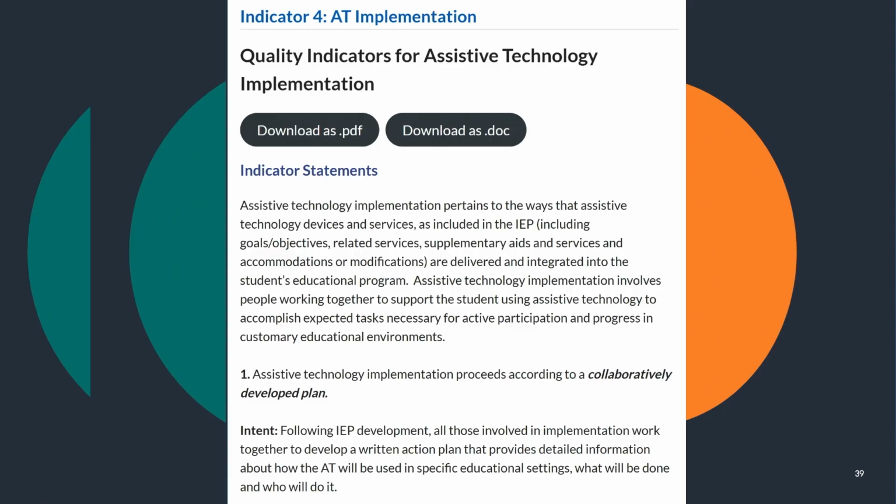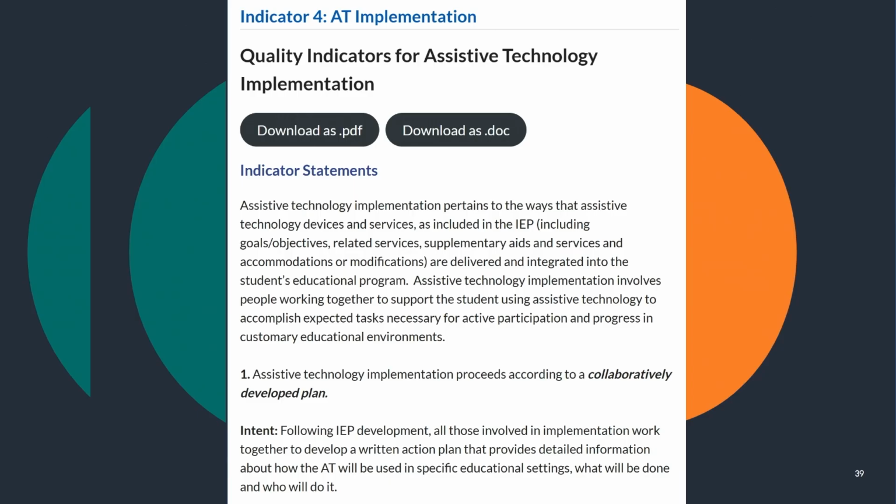So this reads that assistive technology implementation pertains to the ways that assistive technology devices and services, as included in the IEP, including goals, objectives, related services, supplementary aids and services, and accommodations or modifications, are delivered and integrated into the student's educational program.